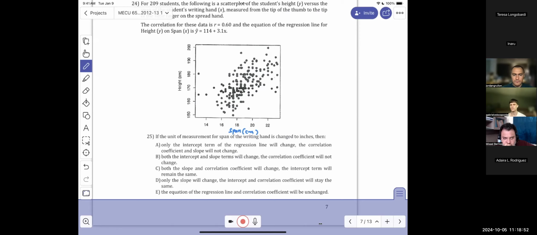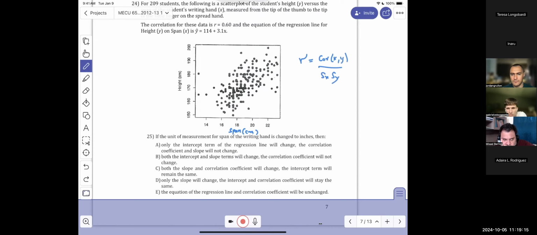So correlation is an index, right? You're taking the covariance of x and y and you divide by sx and sy.